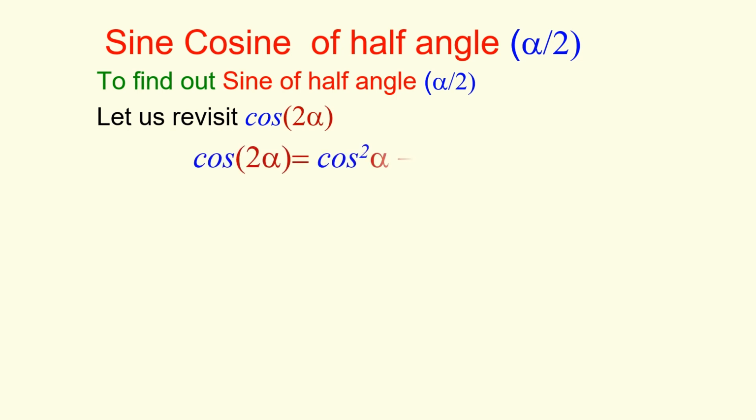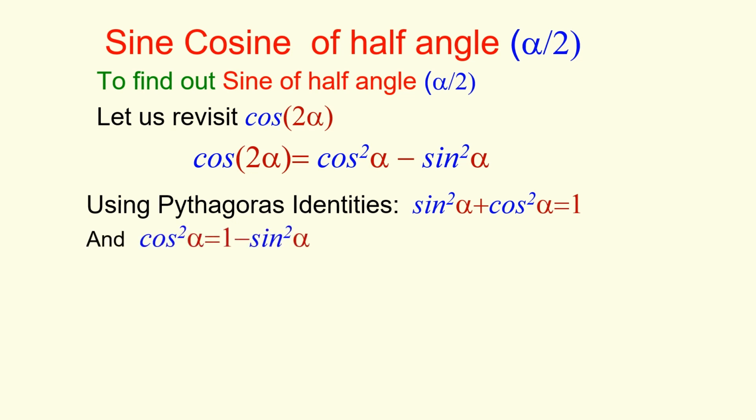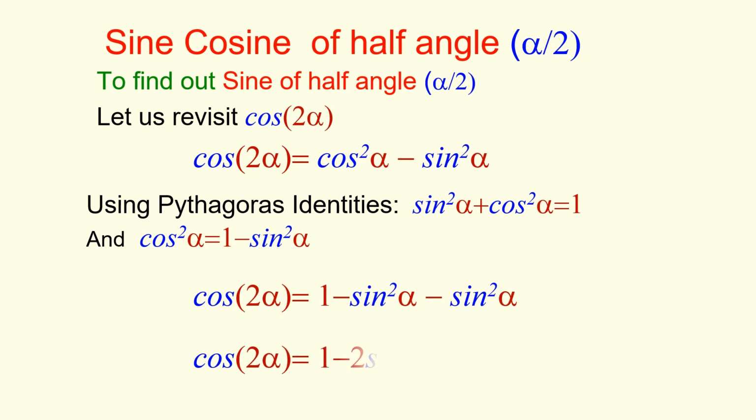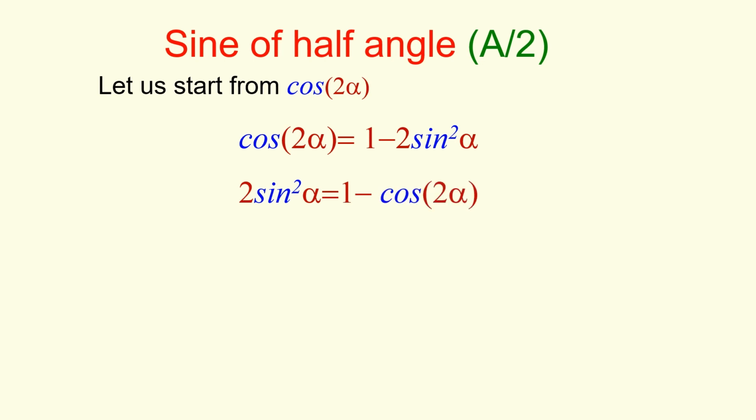Let us revisit cos 2 alpha. Using Pythagorean identities, sine squared alpha plus cos squared alpha equals 1, and cos squared alpha equals 1 minus sine squared alpha. With some simple steps we found 2 times sine squared alpha equals 1 minus cos 2 alpha.